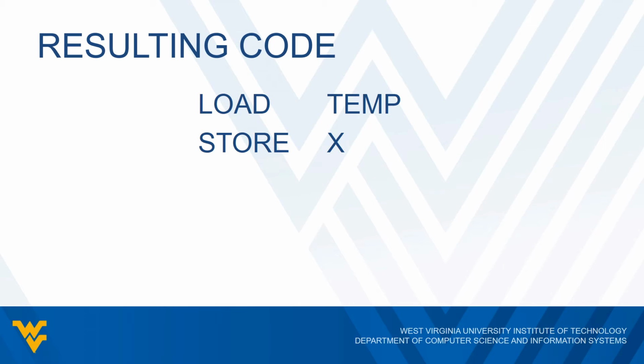So this is the resulting code we would get for translating this part of the parse tree. We're basically loading what's on the right-hand side of the assignment operator, which is temp, so we load that, and then we use the store operation on the left-hand side of the assignment operator. So we just have store x, is all we need to do. And once again, we get temp and x from the semantic records for the expression and variable non-terminals.